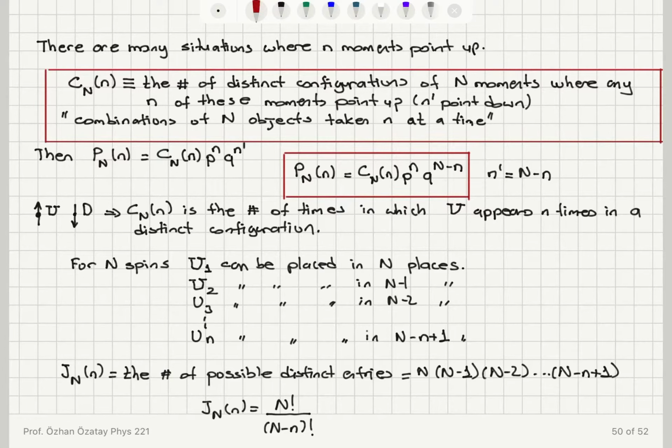That's the number of possible distinct entries, J.